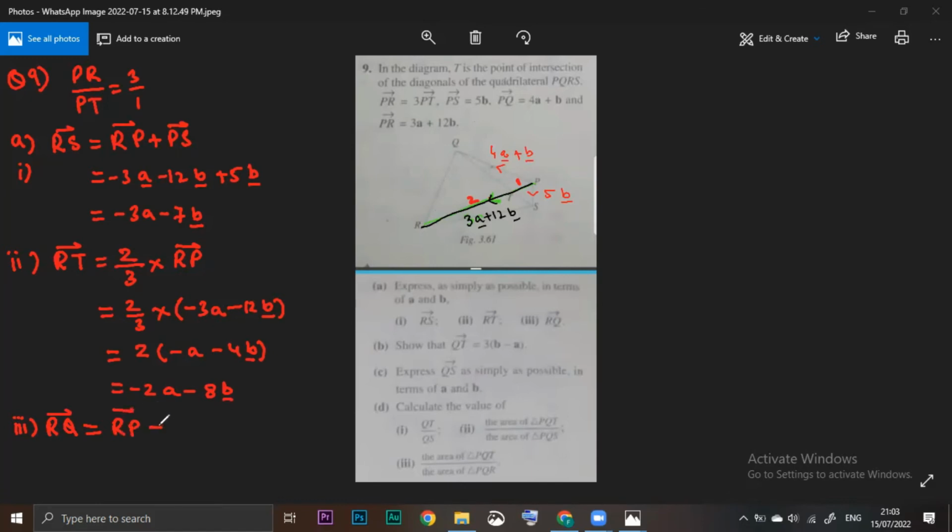RP plus PQ. Both are given. RP is minus 3A minus 12B. And PQ is 4A plus B. The final answer is A minus 11B.